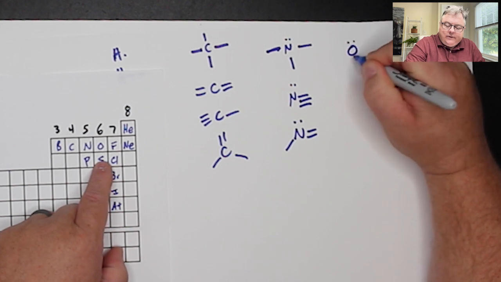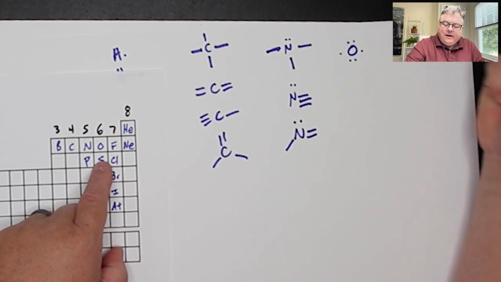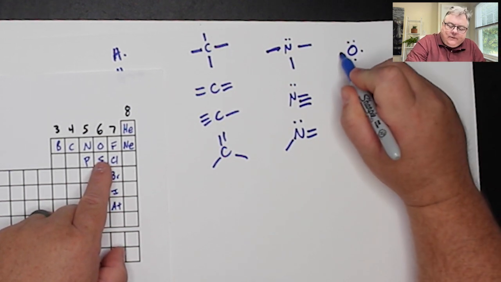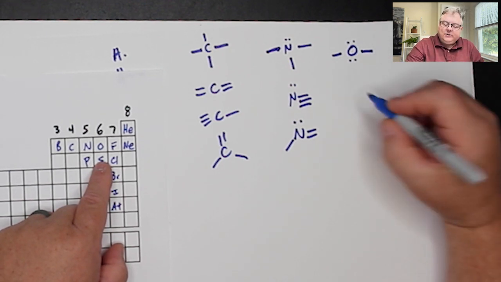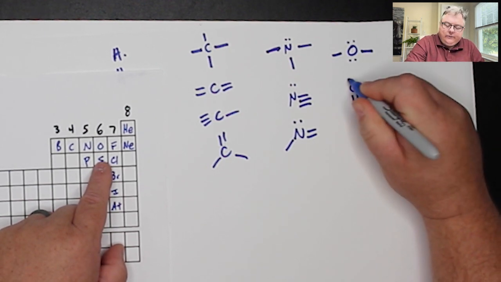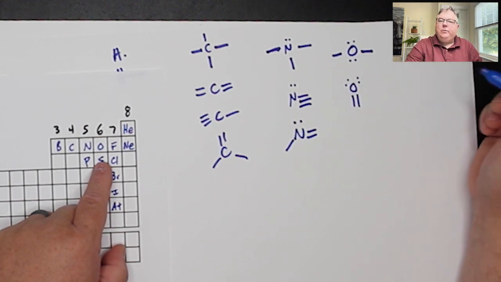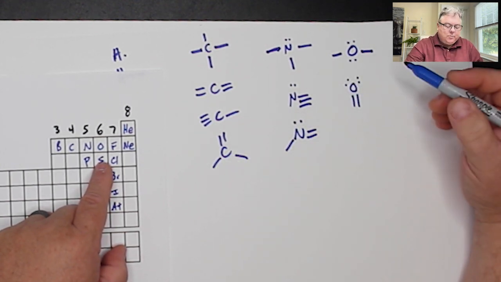Oxygen starts off with 6, 2, 4, 5, 6. So it likes to make 2 bonds. So 2 bonds and 2 lone pairs of electrons is normal oxygen. And it could be 2 single bonds or a double bond with 2 lone pairs, but that would be normal oxygen.